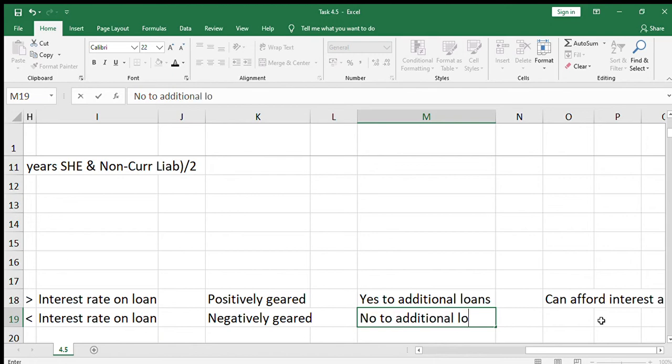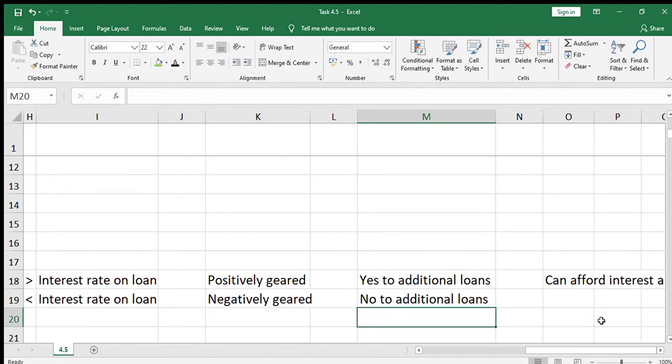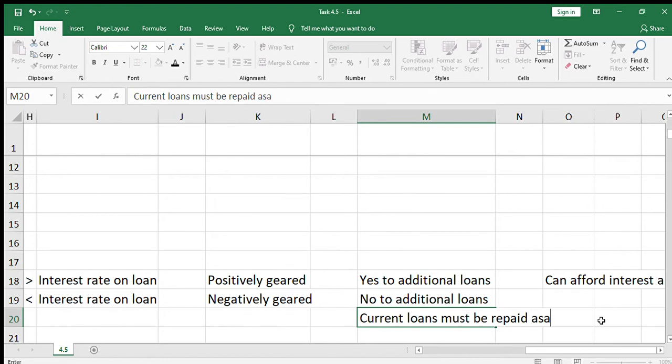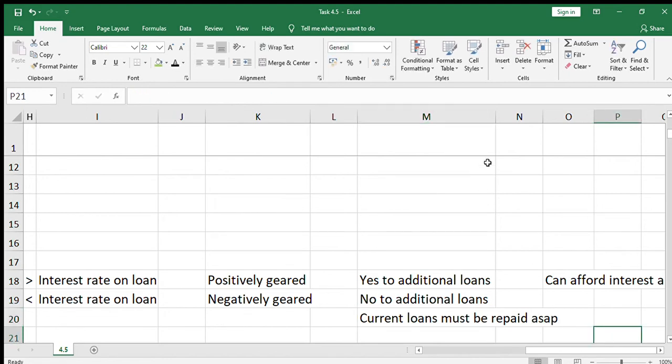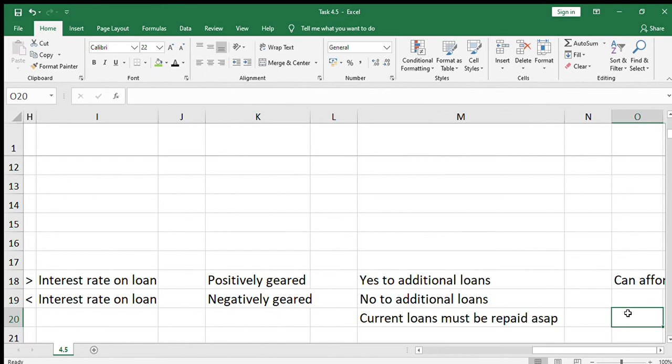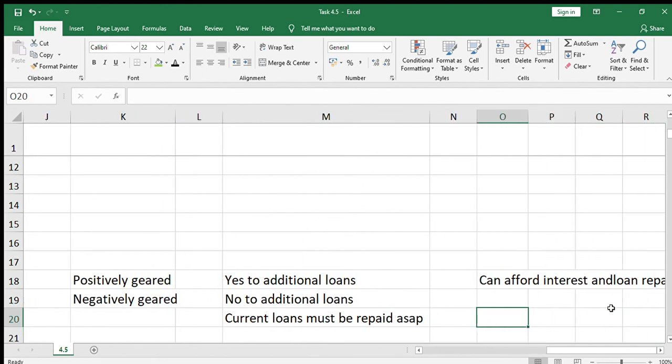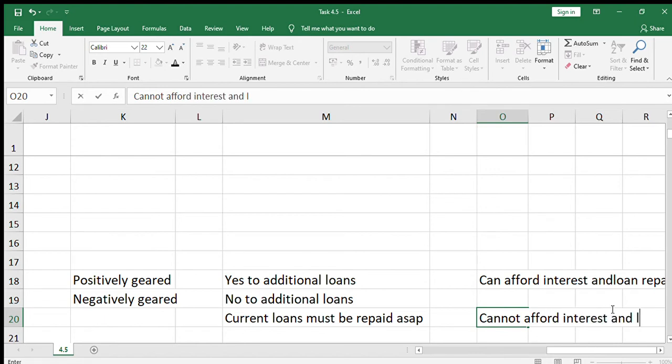And in this case, we should actually say that current loans must be repaid as soon as possible. The reason is that they obviously cannot afford interest and loan repayments.